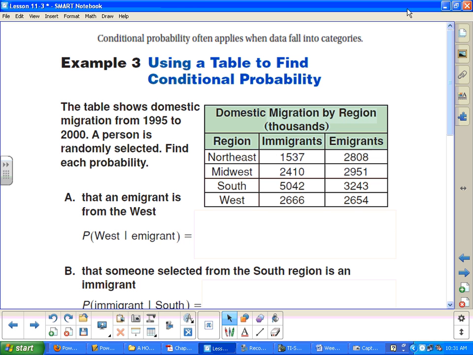So here's what we want to do. First of all, we want to focus on the immigrants.